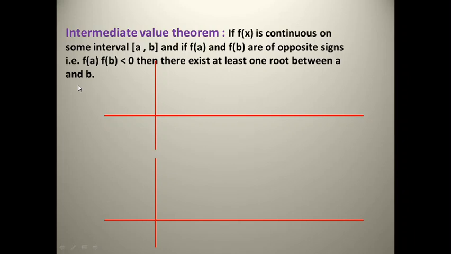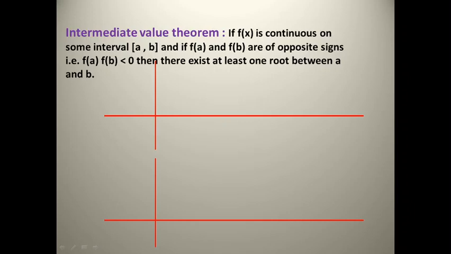Say for example, suppose we have a graph of this form, and now we need to select two points. Say I am taking the points A and B. What we find here is that this is f of A, which is negative, and this is f of B, which is positive.